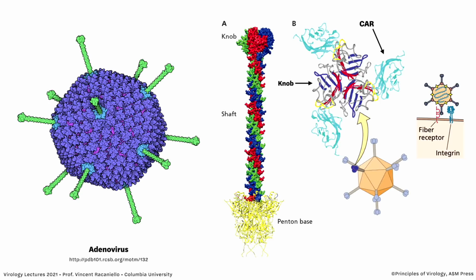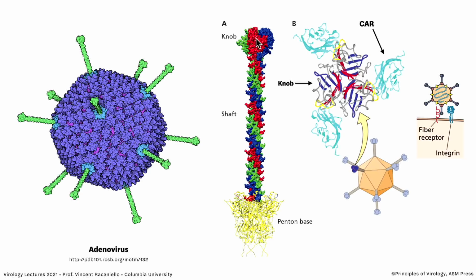Now, another good example of this is adenovirus, where we have an icosahedral particle with a fiber at each five-fold axis, shown in green here. And actually, it's the fiber, the very end, which is called the knob, that binds the receptor. And this virus has 2 receptors. It has one for the fiber.